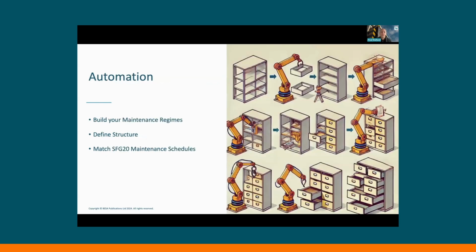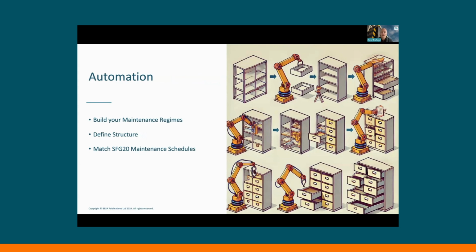Then we look at the automation of the whole process, and where SFG20 Facilities IQ, our new product that we launched at the beginning of this year, is structured around the principle of maintenance regimes, your maintenance regimes, where you've taken SFG20 schedules and you've looked at tailoring that for your site, making it individual to those site specifics that we just talked about.